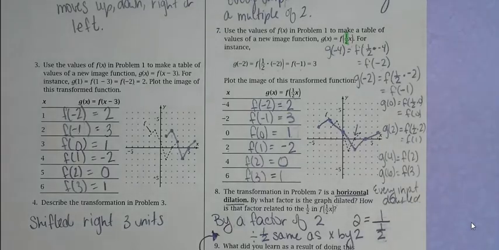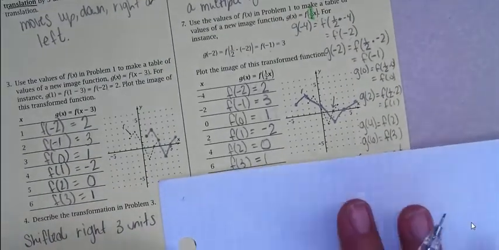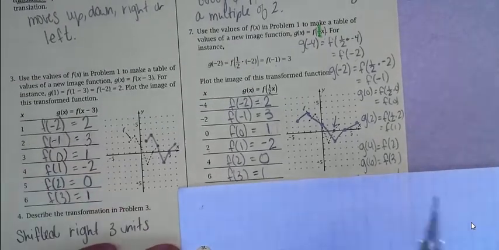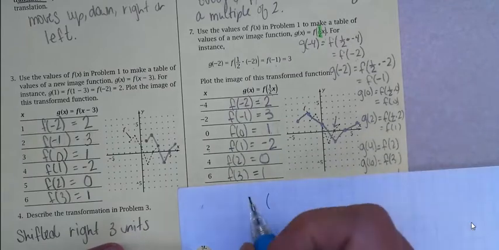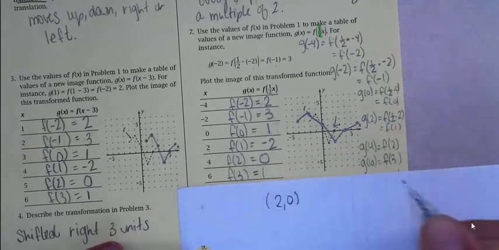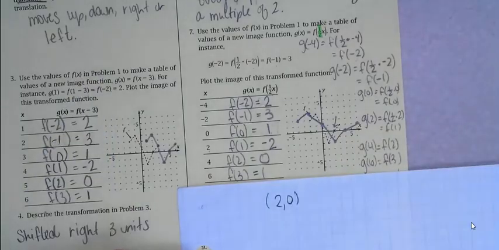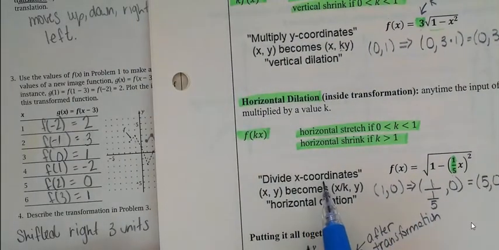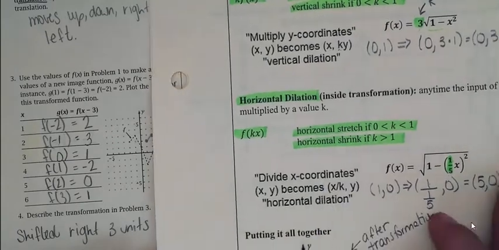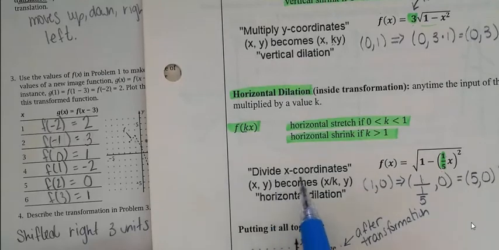So that means in order for me to get my new point, I'm going to take that 2, 0. Let's see, I need some paper to write on. I'm going to take those points, and you pick the ones that are obvious. So this one's 2, 0. According to my notes, and this would just be something that you memorize, you're going to divide x coordinates. Anytime you've got something being multiplied to your input, you divide x coordinates.